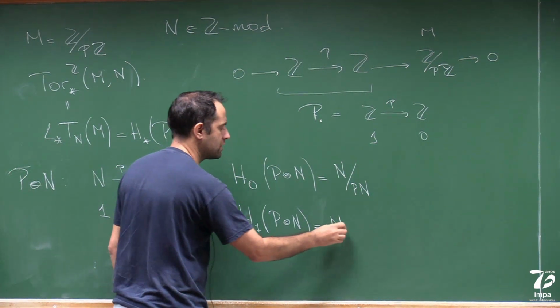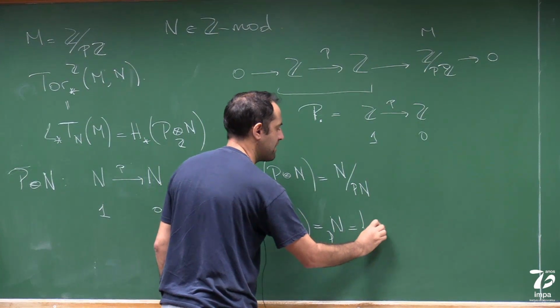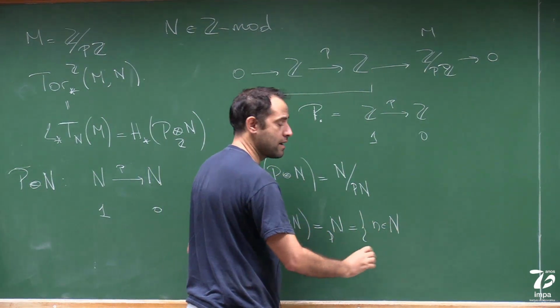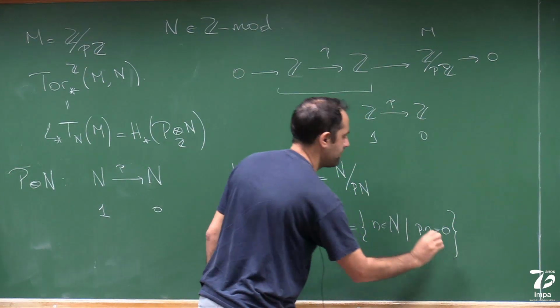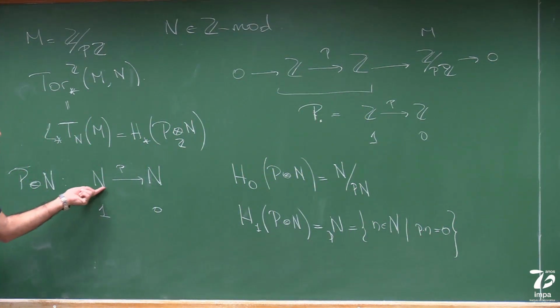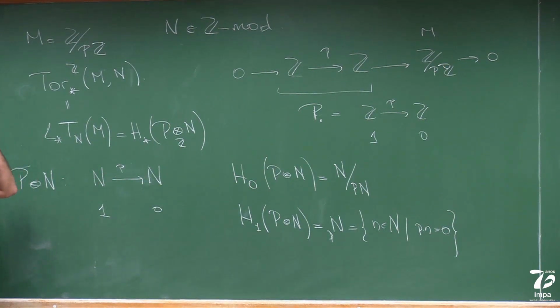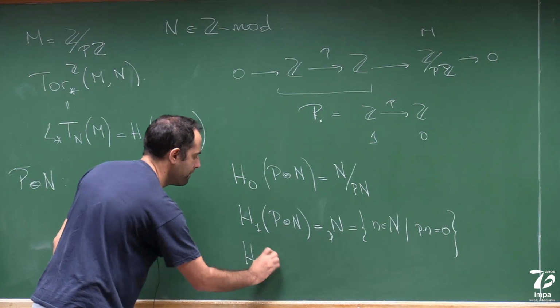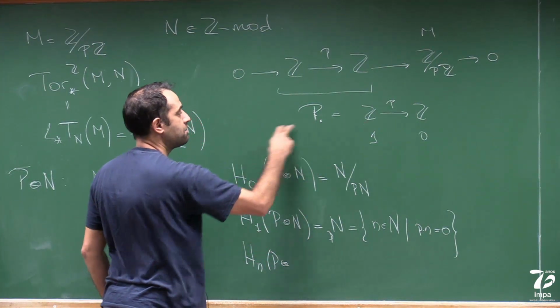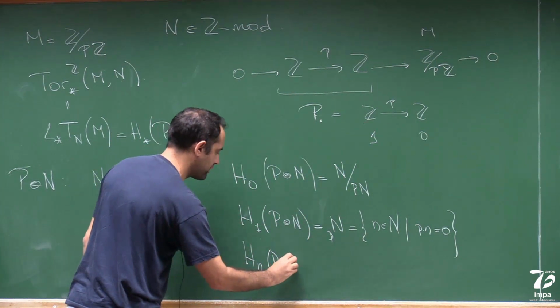This is just a notation, and it is the set of elements n in N such that P times n is equal to 0. So those are the guys that when I multiply by P, I get 0. And the homology in every higher degree is 0, because this P was 0 in higher degree.